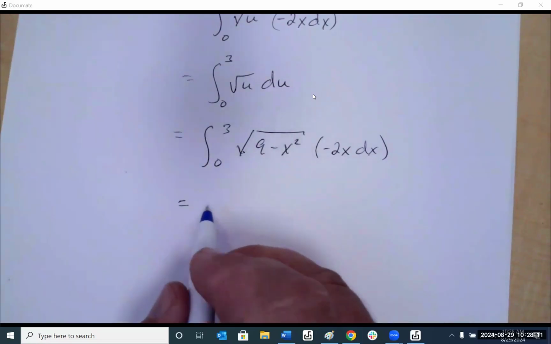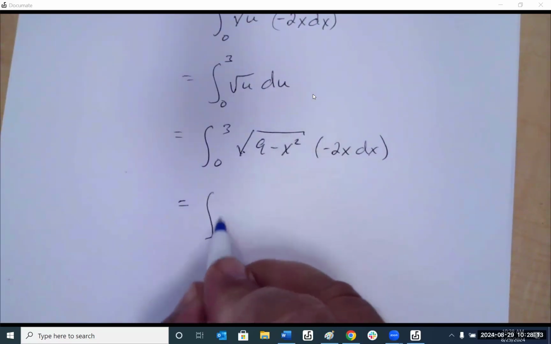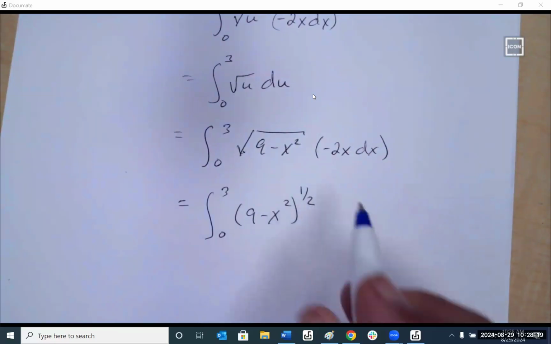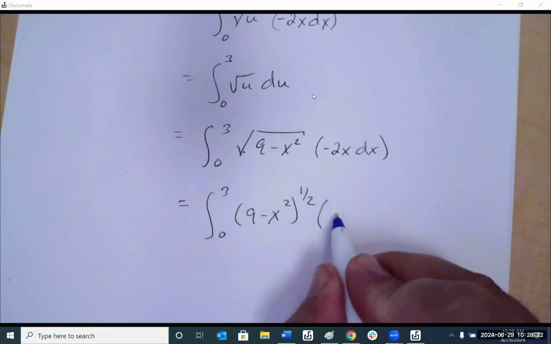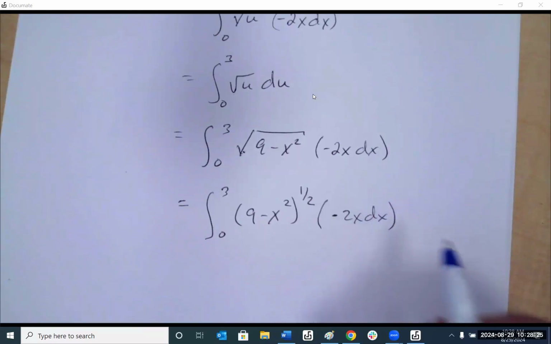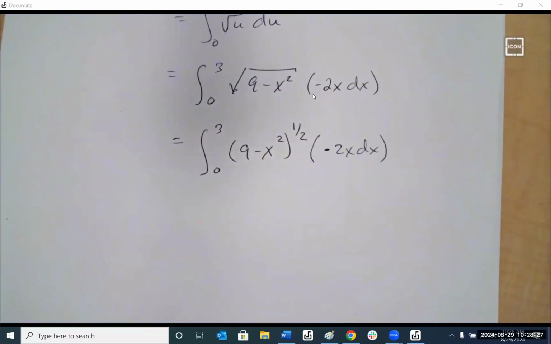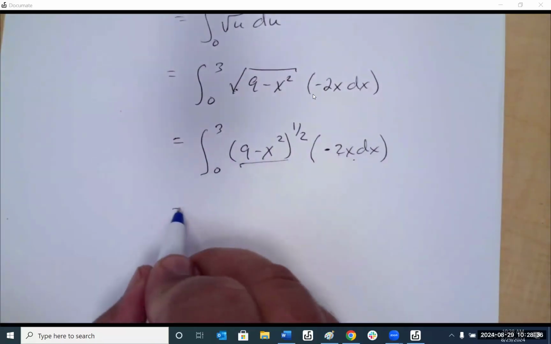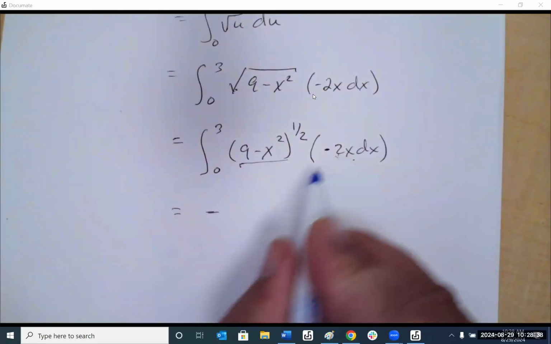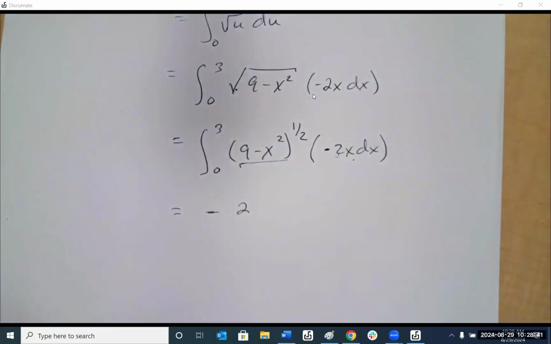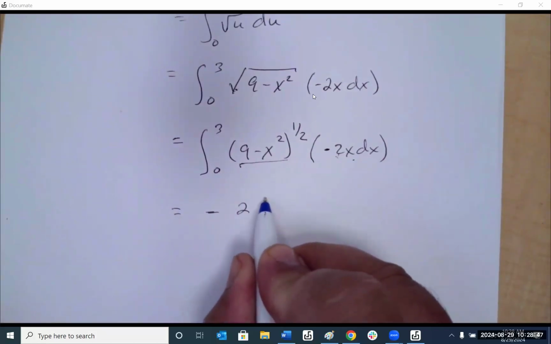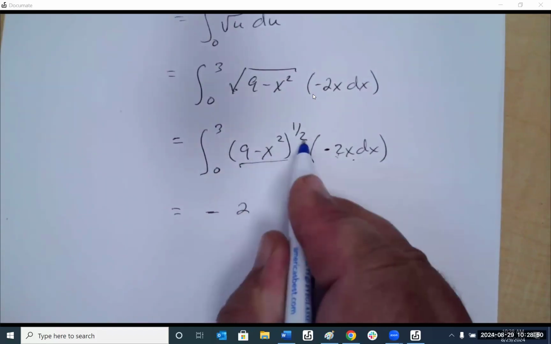What do we do with the radical? Make it an exponent, very good. Power 1/2. Since this is what it's supposed to be like, we have our negative 2. Integrate this one, what do we get here?